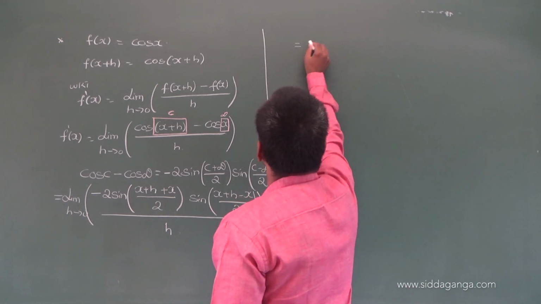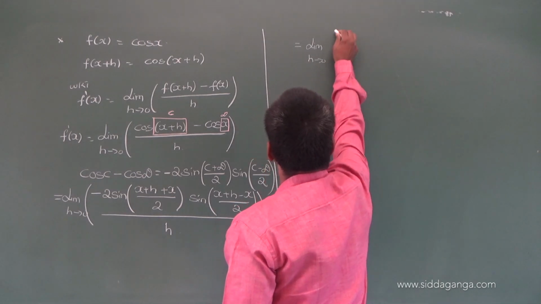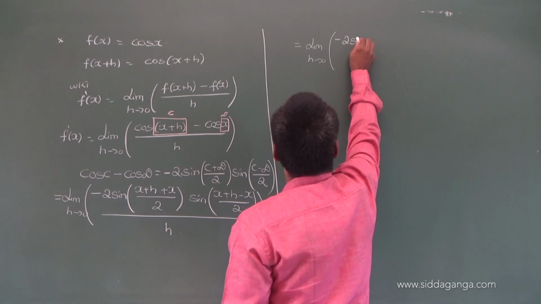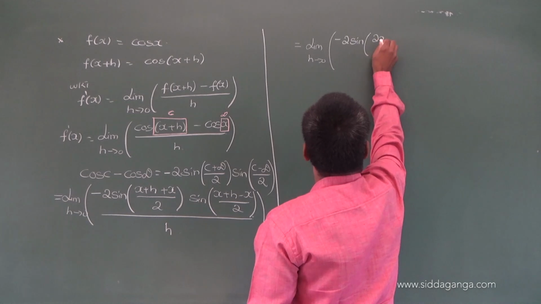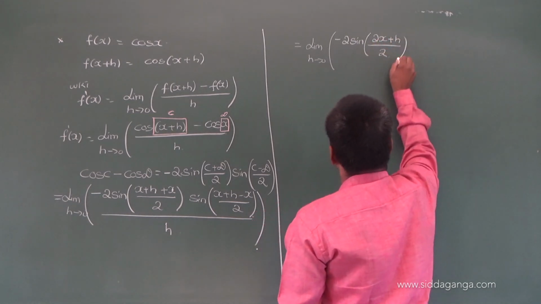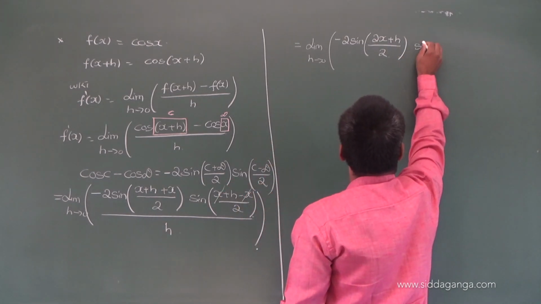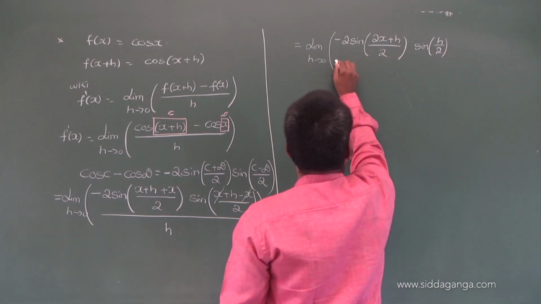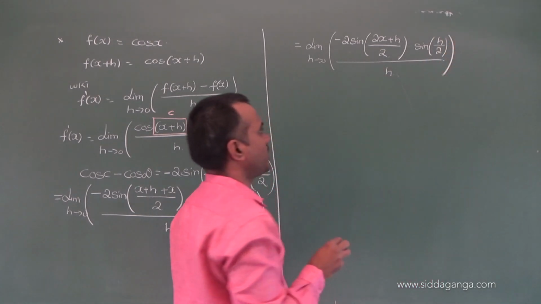So that is equal to limit h tends to 0 minus 2 sine of (x plus x is 2x, plus h) divided by 2, plus x minus x gets cancelled, into sine h by 2, whole divided by h.